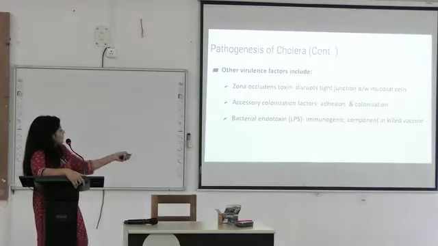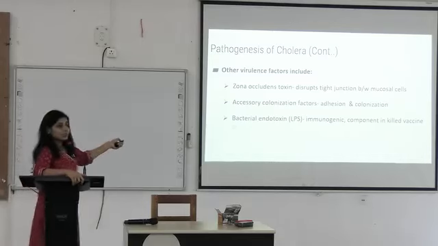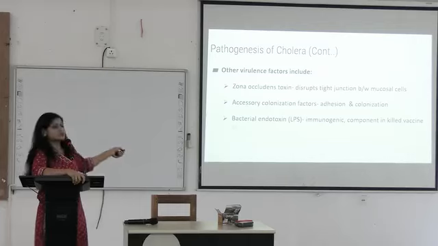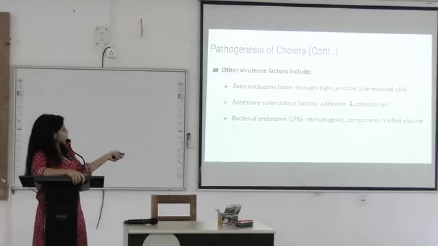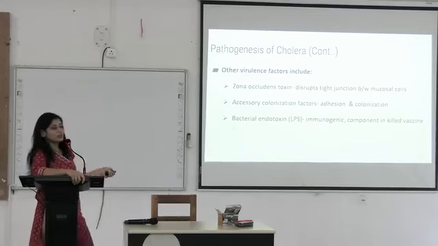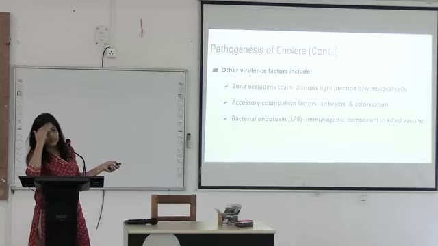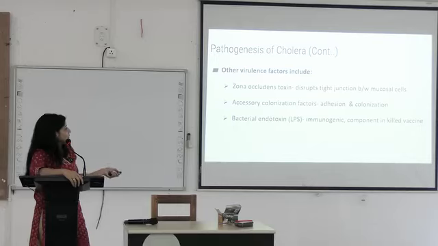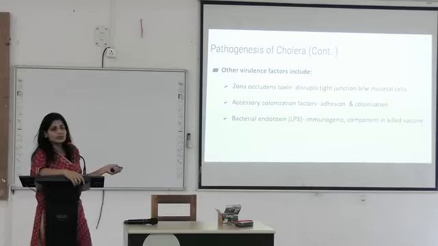There are certain other virulence factors such as zona occludens toxin. They disrupt the tight junction between the enterocytes. Accessory colonization factors help them in adhesion and colonization of the cells. And LPS we discussed, but this is only used for the O polysaccharide; LPS is used for diagnosis of the bacteria, and it is also a component in vaccines.